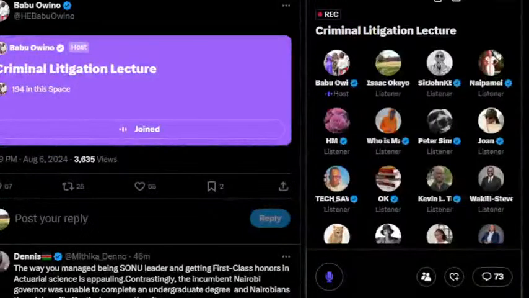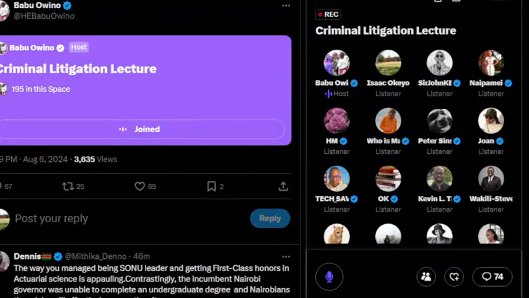How do you seek leave of the court? Number 1, by use of chamber summons. Number 2, by use of a certificate of urgency, because it is urgent. Number 3, a verifying affidavit. And number 4, a statutory statement. Then after that, you go to the substantive stage, where you use a notice of motion and a supporting affidavit.